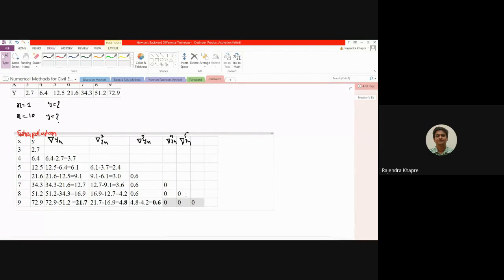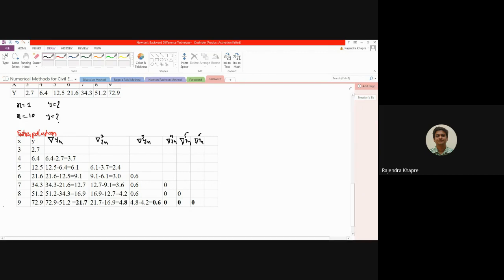So basically delta to the power 6 yn will also be 0. So now there is no point in writing down the complete equation, because the delta n values are already 0 at delta to the power 4.